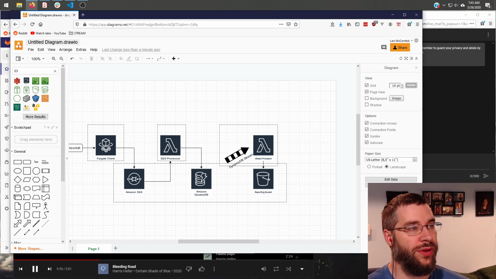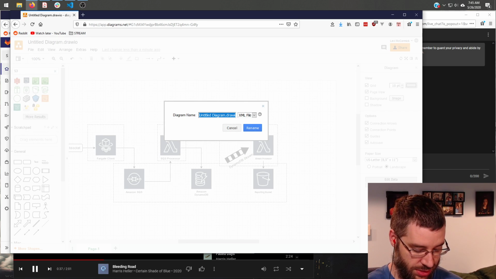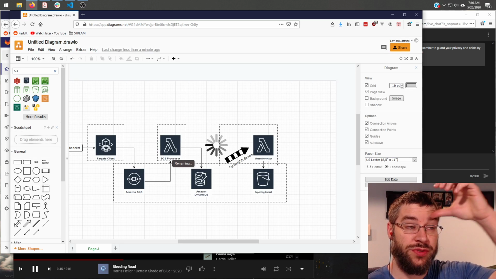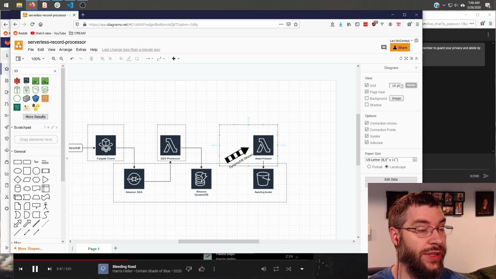This thing's shared, saved. We'll just call that the Serverless Record Processor. Look at that, fancy.